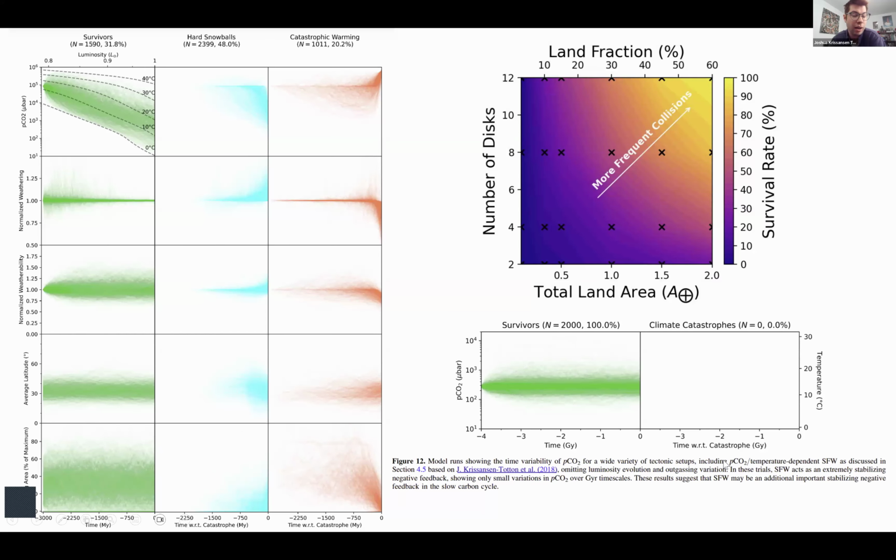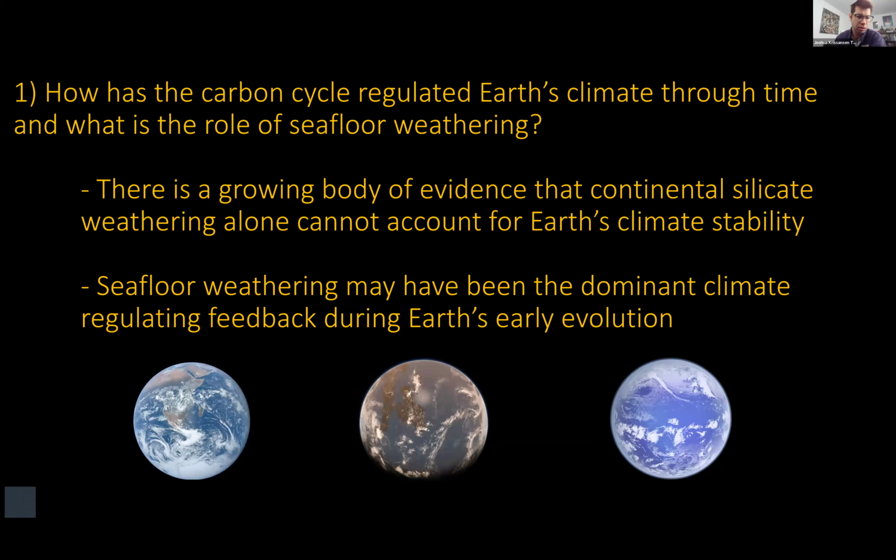Basically every model run survives, because the additional thermostat provided by the seafloor safely buffers climate against the random variation caused by how frequently continents are colliding to create increases in weathering on land. So based on all of that, I would argue there's evidence that continental weathering alone can account for Earth's climate stability, and that seafloor weathering may have had an important role, particularly on the early Earth.